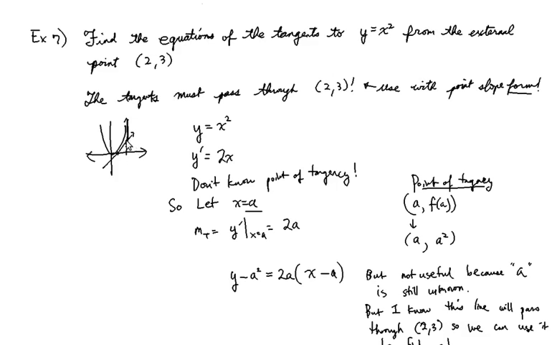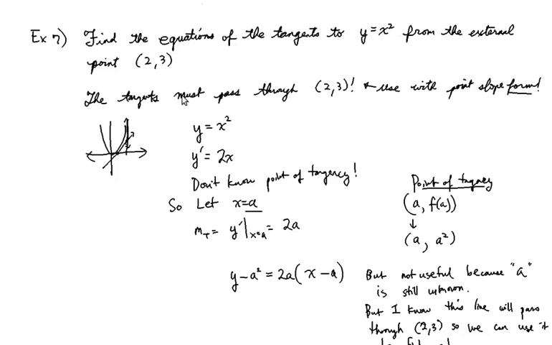Something like this. It might be over here, and I might have two tangents, probably two, okay? I would expect probably two tangent lines that would touch the graph of y equals x squared, okay? And I need to find what those are, okay?